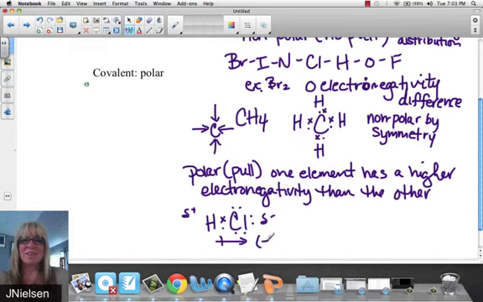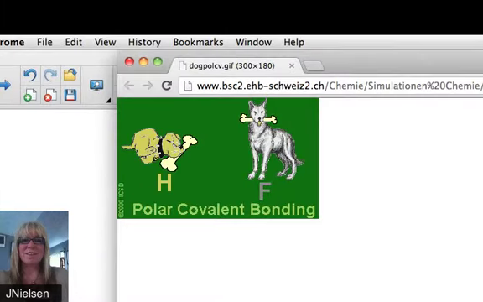And this is what's called a dipole moment. The arrow is always in the direction of the element with the more negative charge. And we put a cross on the tail, which looks like a plus sign, which means that this side is slightly positively charged.